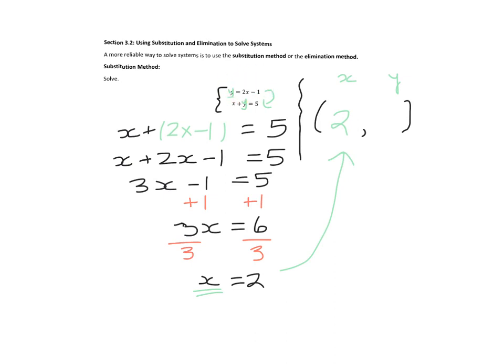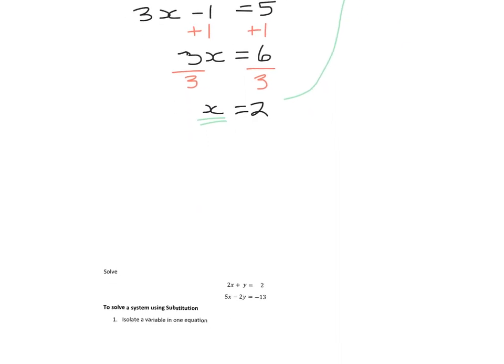So let's bring that back and we're going to write y equals 2x minus 1. And we're going to find the y value when x is 2. So when x is 2, y is going to be 4 minus 1, which is 3.